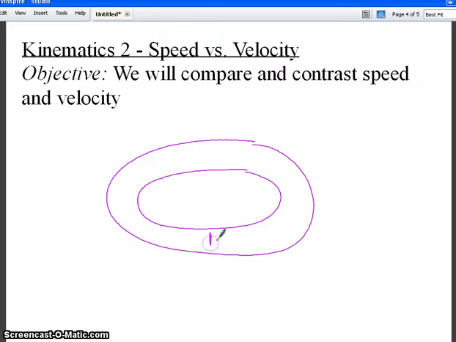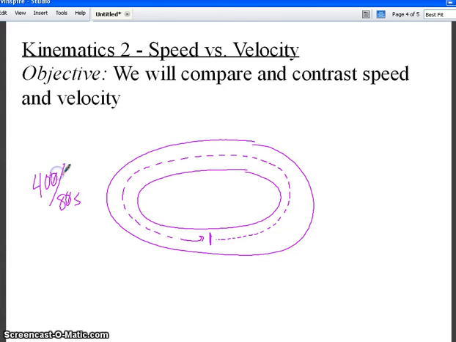If we covered 400 meters in say 80 seconds, we would have 5 meters per second. That would be our average speed. And our velocity here would be 0 meters per second, because our displacement is 0 at that point. If we take the average velocity of this whole track, the displacement at the end is 0.